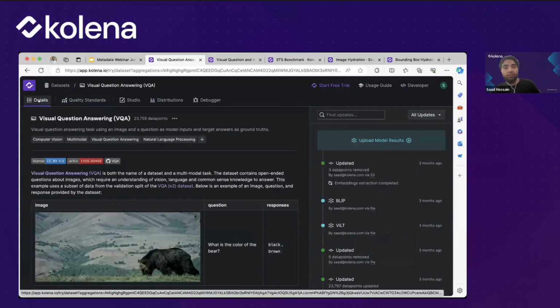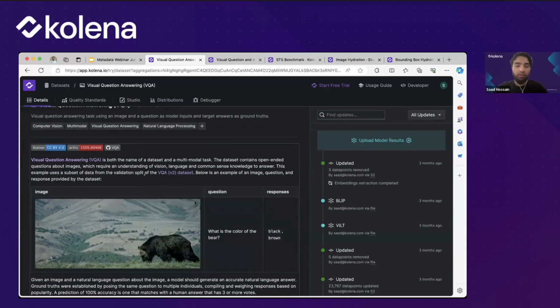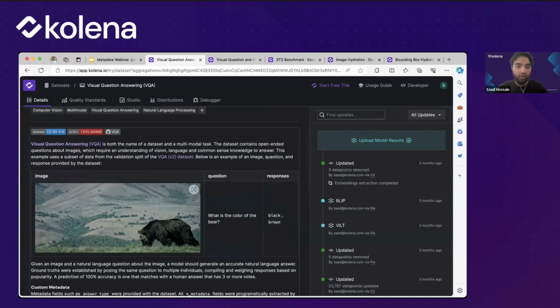Now, going back to what type of machine learning problem this demonstration is about, we're looking at visual question answering. In this problem, the machine learning system is given an image and a question.